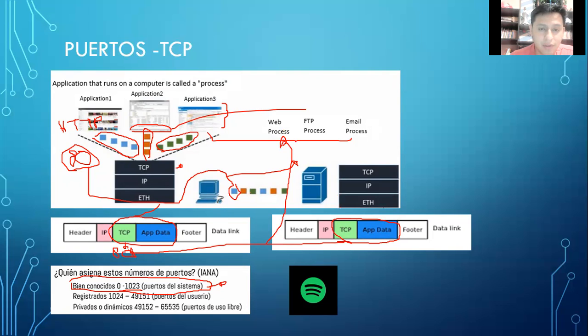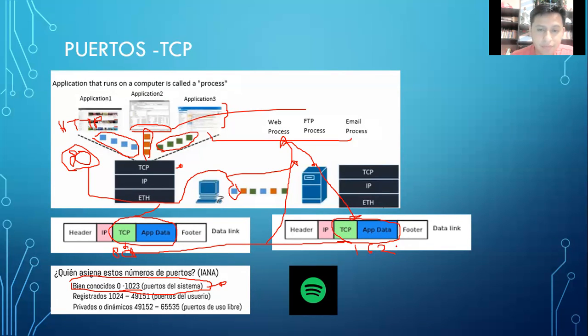The next part is the web process server sending the segment, and the segment has the origin port. For example, the server port is, I don't know, 162.